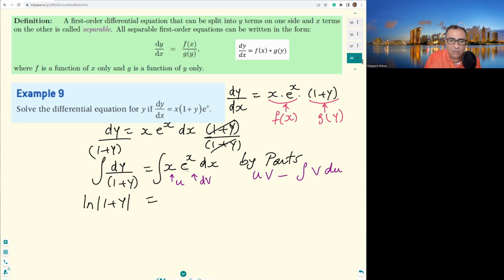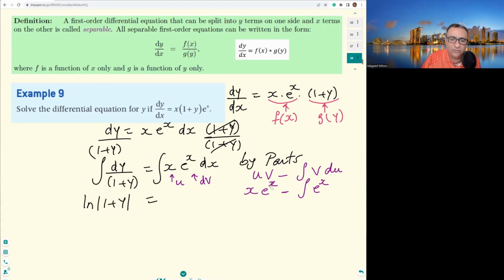So what is u here is x. So u is x, and v is going to be the integration of dv. Now dv is e to the power of x, so the integral of e to the power of x is just e to the power of x. And then minus the integration of v, which we just found, e to the power of x.